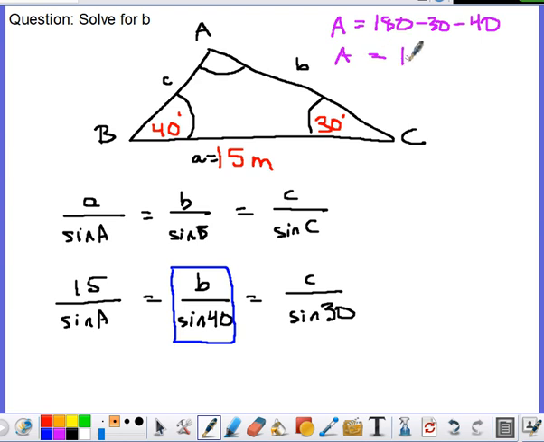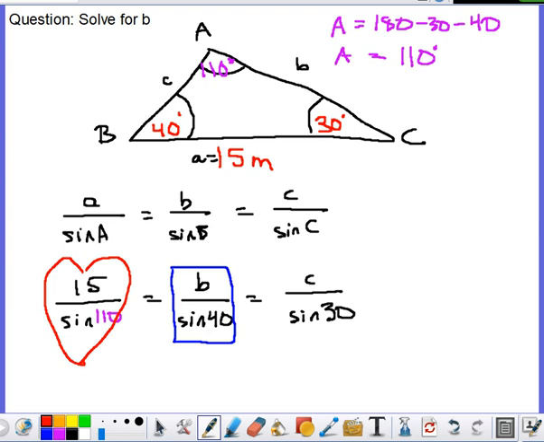Yeah, 110 degrees. So A is really 110, and the question didn't tell us that. So we go back down here and sub in 110, and now we have this completed ratio for us to use and solve for side length B. That's the last piece of advice I think is useful.